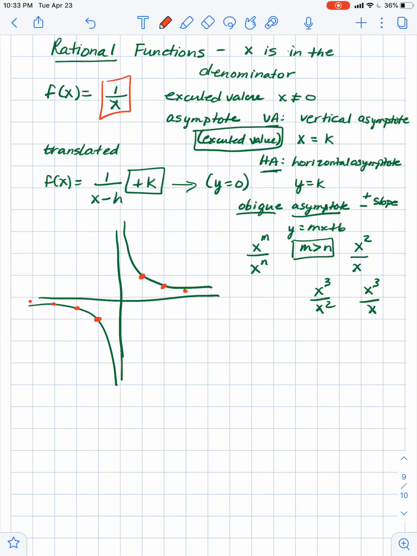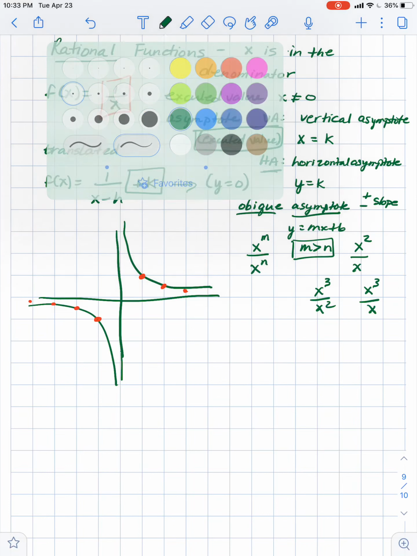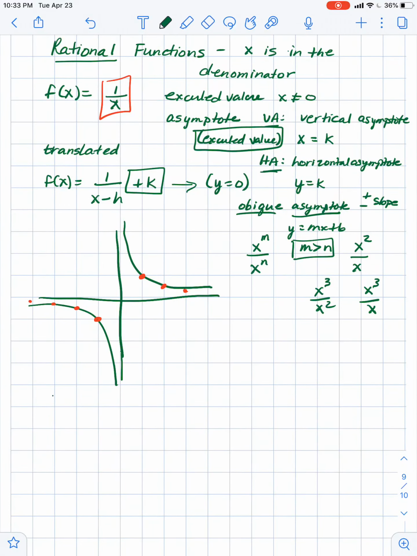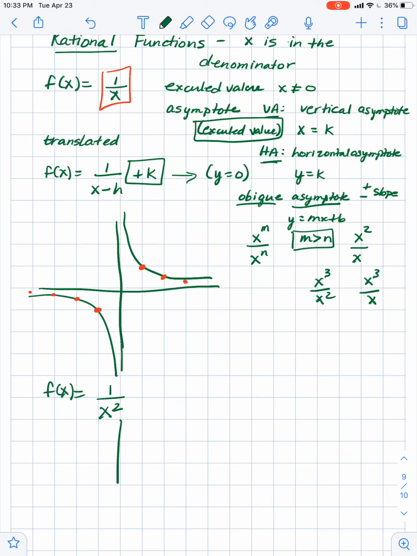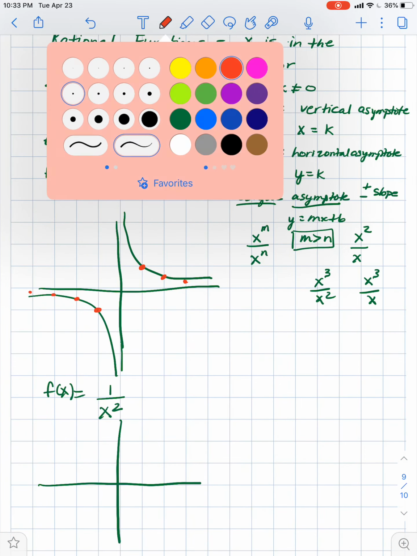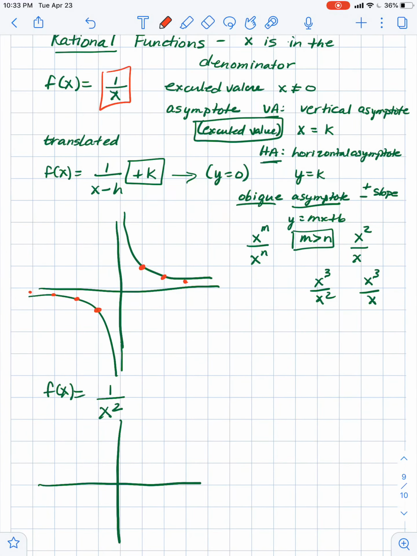The other one that we're going to look at is f of x equal to 1 over x squared. Now, the difference between these two is that when it is 1 over x squared, it doesn't matter what x value I put in, I'm squaring it. I should have put my asymptote lines in here.